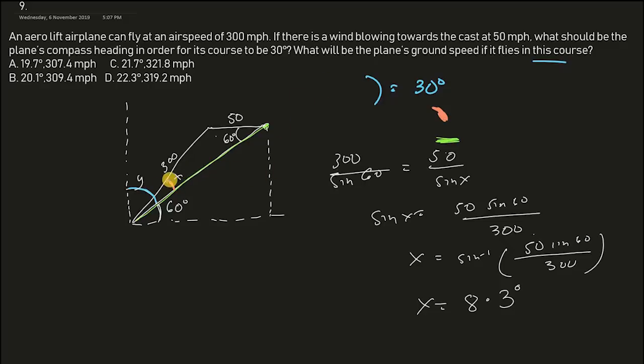Alright. So, this angle is 8.3. Diba? Pwede na nating ma-solve yung tinatanong niya. Yung tinatanong niya dito is, what should be the plane's compass heading in order for its course to be 30? So, ano dapat yung angle na to? Ito yung hinahanap niyo, yung sinasabi niya na course to be 30.